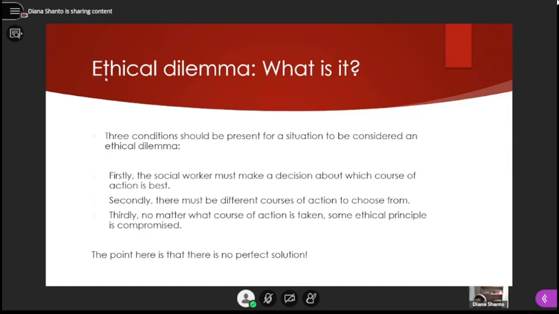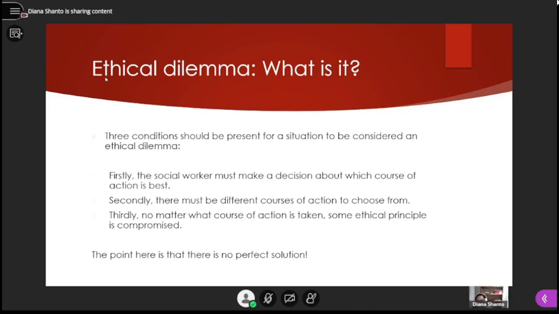Pourquoi je spécifie ça là? Parce que certains élèves ont des difficultés à comprendre, pensent que c'est le client qui a un ethical dilemma. It's not the client, it's you. You have an ethical dilemma because you don't know what's the best course of action for you to take. Est-ce que j'interviens, je fais ça ou je fais ça?